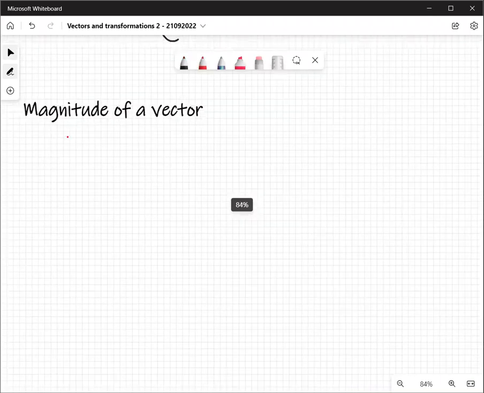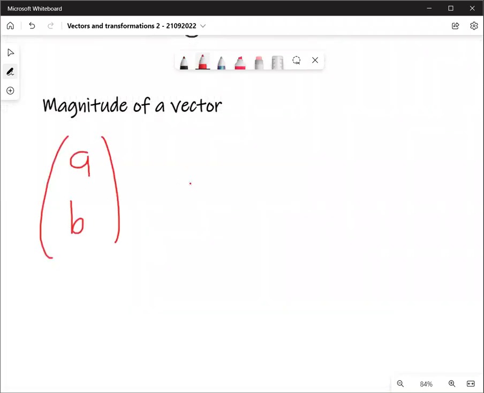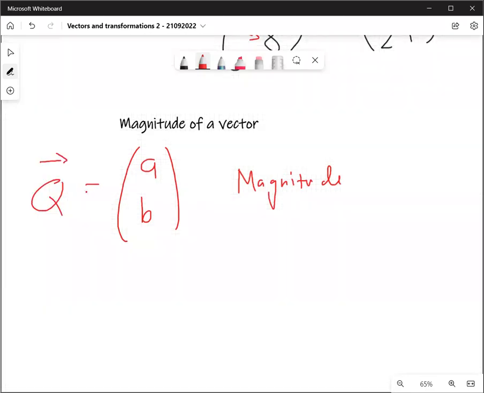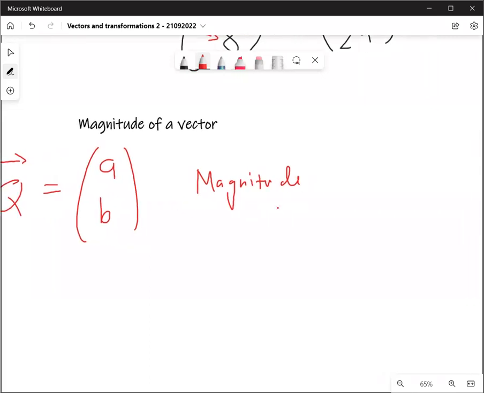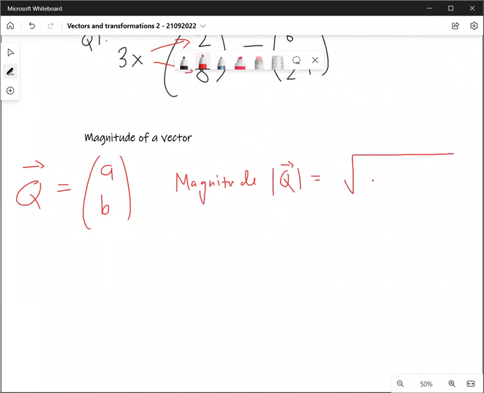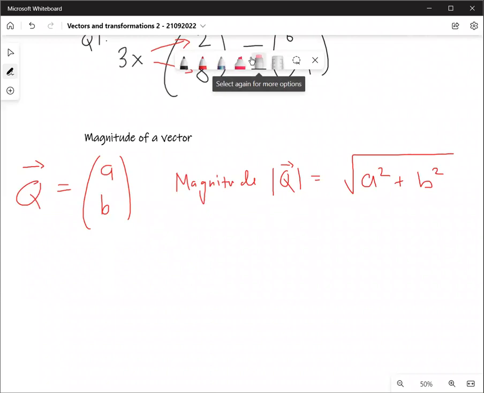The formula is, if you have a vector AB, then the magnitude will be, let's say you have a vector Q equal to this, so the magnitude of Q will be root of A square plus B square. Any doubts? No.